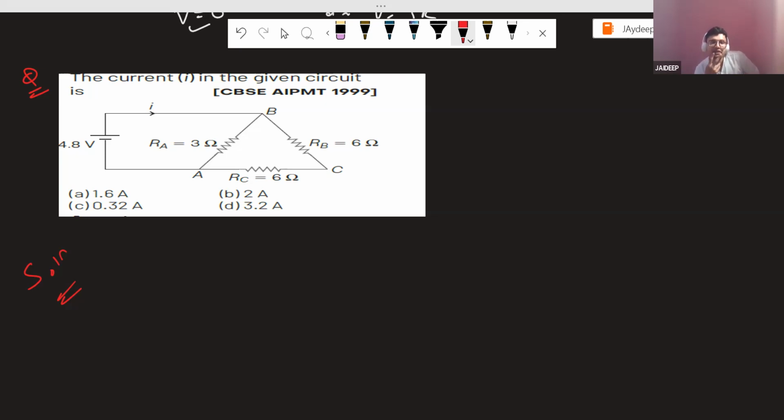The current in the given circuit is asked. The current we have to calculate. A 4.8 volt battery is given and resistances are given. Calculate the total resistance. Fast.